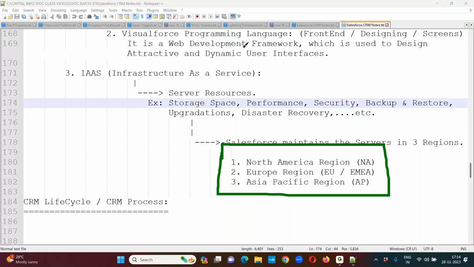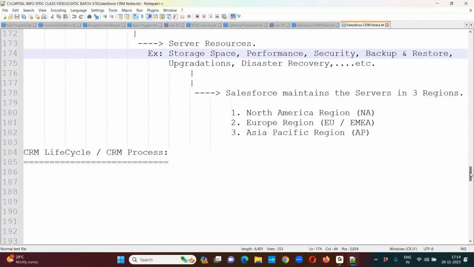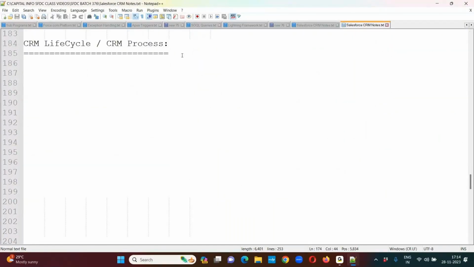So today we'll see the CRM lifecycle, which is also called the CRM process. We have to understand what the various stages are in the CRM lifecycle, which should be come across by each customer, and what we are doing in each stage, and how we can capture the leads, how to convert them into customers, and upon converting the lead into a customer, what will happen behind the screen in Salesforce.